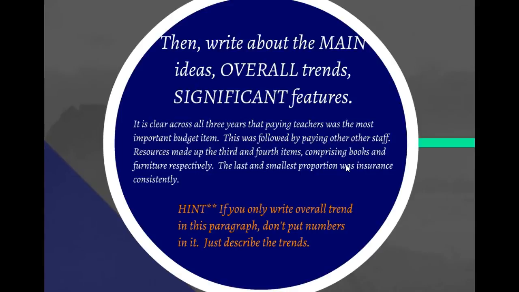After the overview, write about the main ideas. Let's read it. It is clear across all 3 years that paying teachers was the most important budget item. This was followed by paying other staff. Resources made up the 3rd and 4th items, comprising books and furniture respectively.